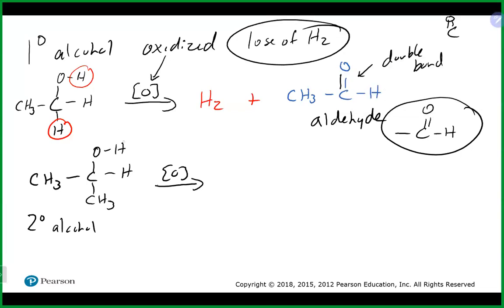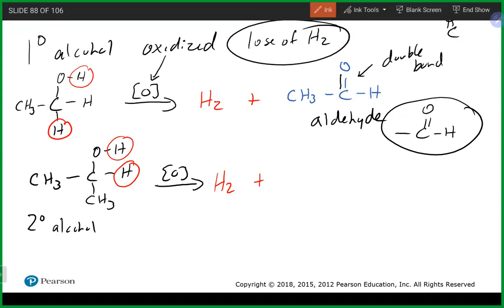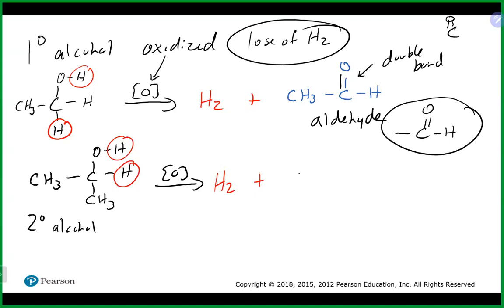Hydrogen off of the OH, right? The other hydrogen should come off of the carbon that's attached. So those two are coming off. It always happens that way. I am left with the exact same structure I have there, except take off the hydrogen. So I'm going to draw it exactly the way it looks. I'll leave it like that.